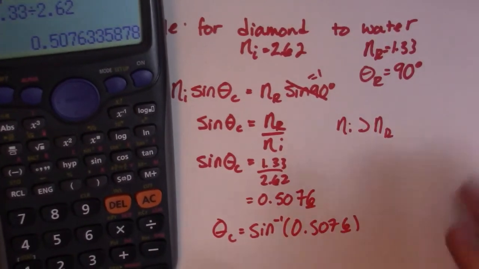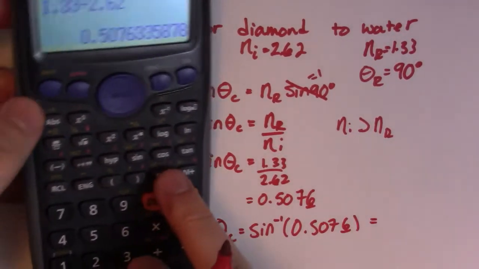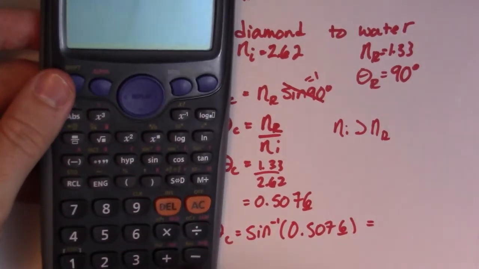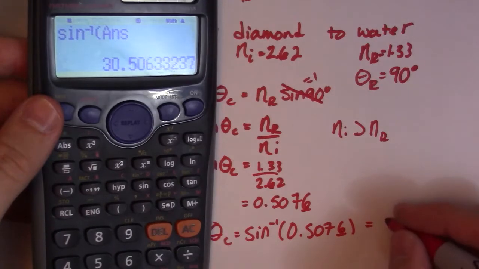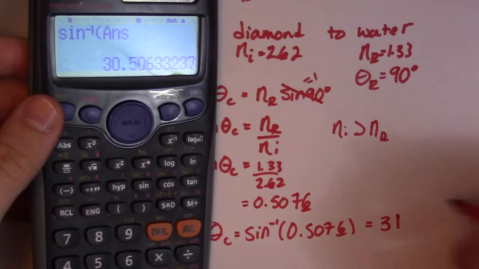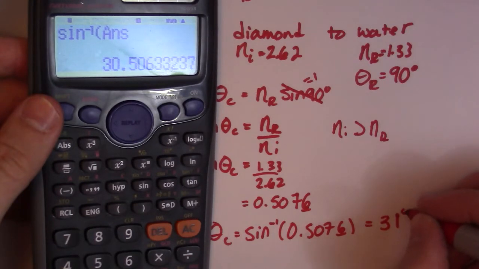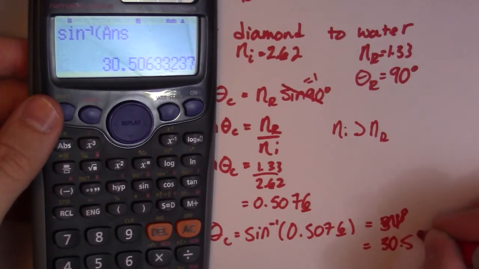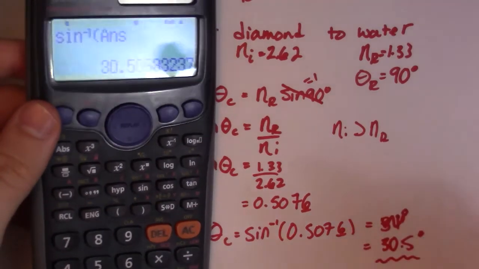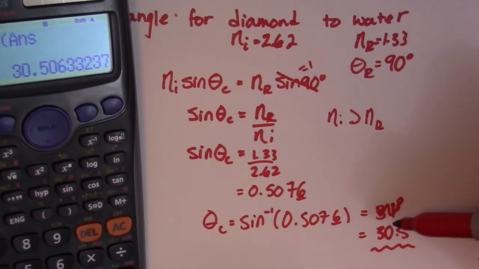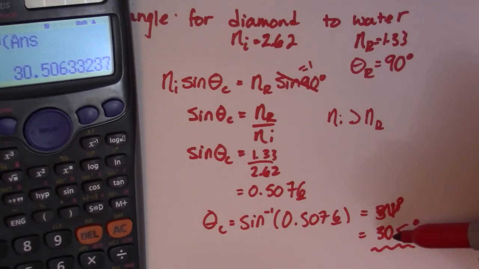On my calculator, sine -1, answer, and I get 30.5 degrees, since we have 3 sig figs. And there it is. So any angle greater than 30.5 degrees is going to result in total internal reflection.